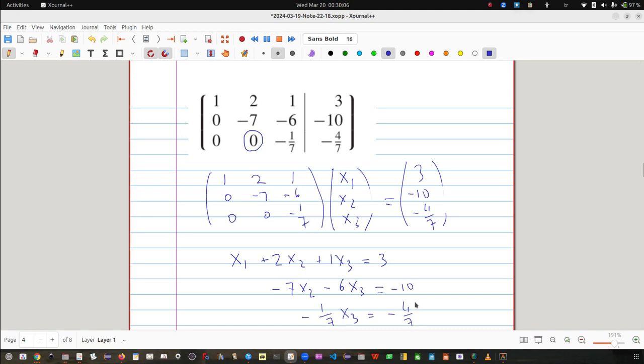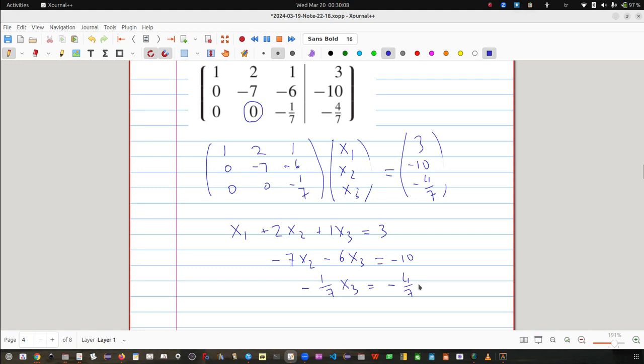So this means that without writing back like equation form, one should easily see that this times the third variable is equal to this. It means from here, the third variable is equal to minus 4 over 7 divided by minus 1 over 7. And that means 4.